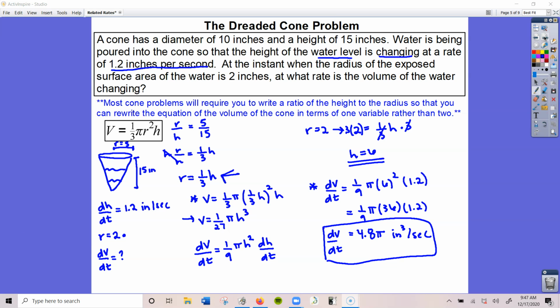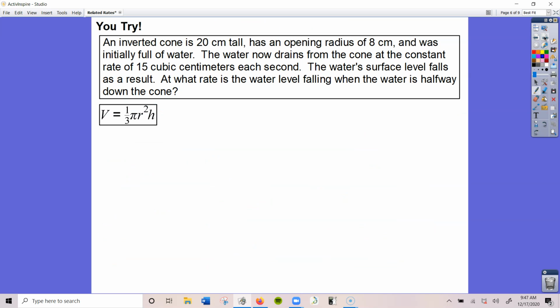Let's look at another example of a cone problem. An inverted cone is 20 centimeters tall and has an opening radius of 8 centimeters. So this is what that would look like. Here's my cone. This is 8 for my radius, and the height is 20 centimeters.